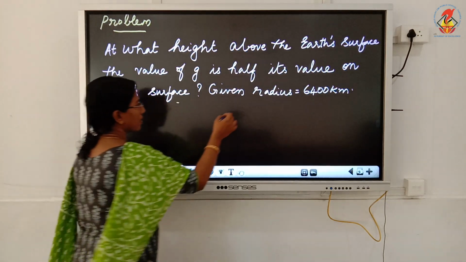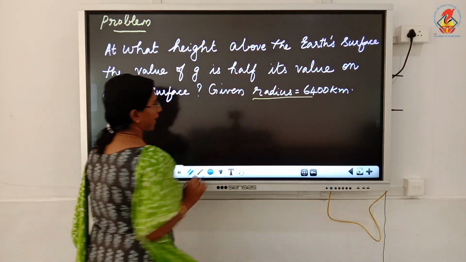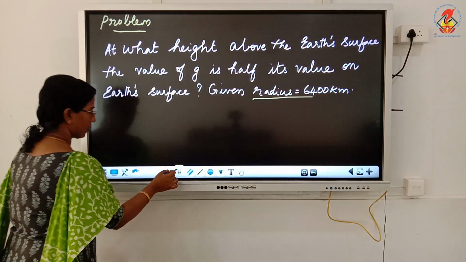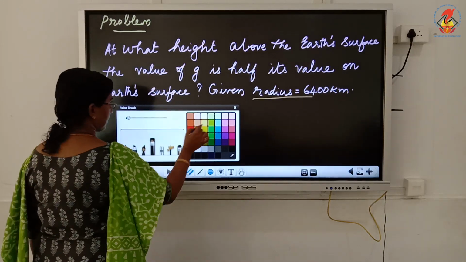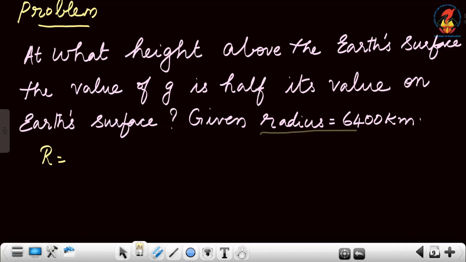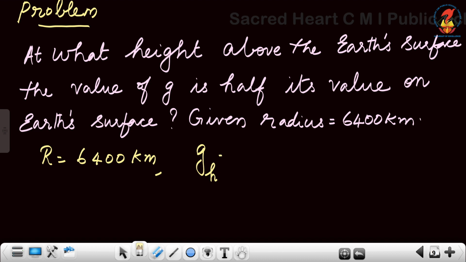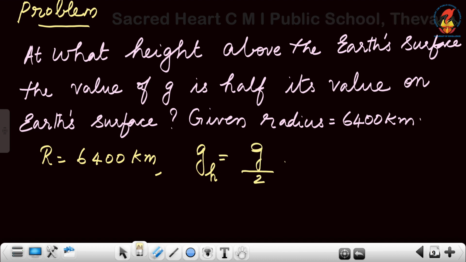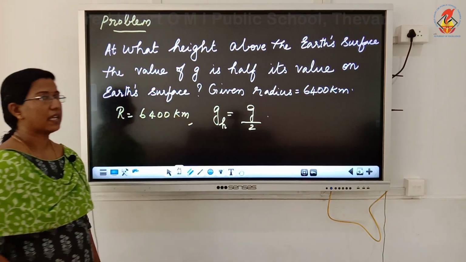Given the radius of the earth to be 6,400 kilometer. So in our case r is equal to 6,400 kilometer, and they have given the hint that the value of g at a particular height is half the value on the surface of the earth. So g_h is equal to g by 2.